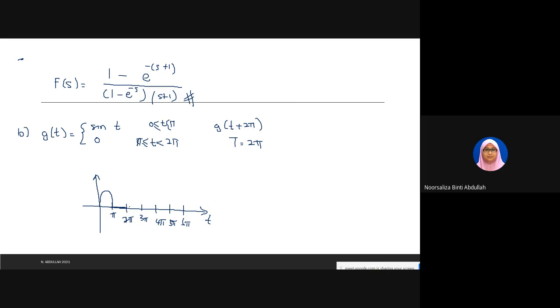And then it will repeat again, sine, and then 0. And then repeat again, sine, 0. So the period of this signal is 2 pi. Maksudnya, setiap 2 pi dia akan repeat the graph.